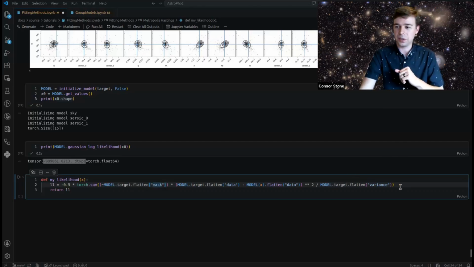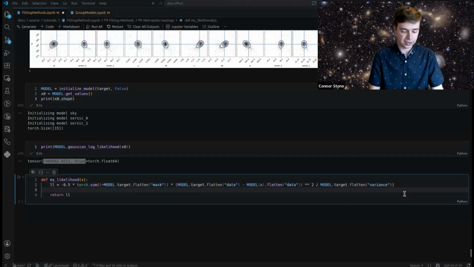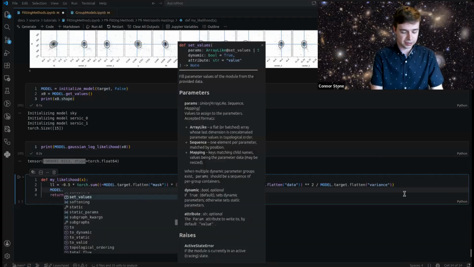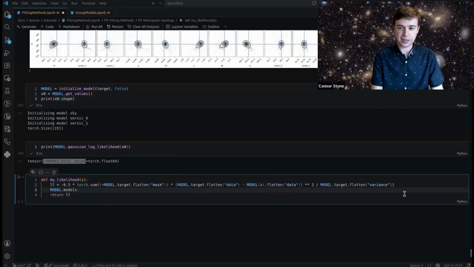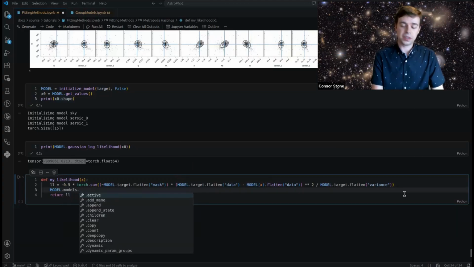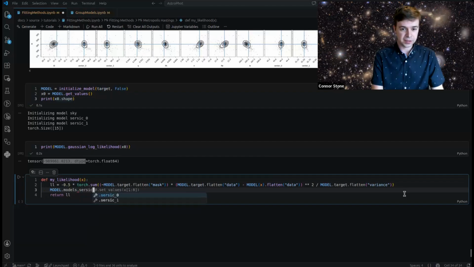Or if you wanted to add some prior, say model dot models, and then what are the models in there? I think it's Sersic 0. Yep, Sersic 0. And let's say that it's the Q value. So you can do this in your likelihood.